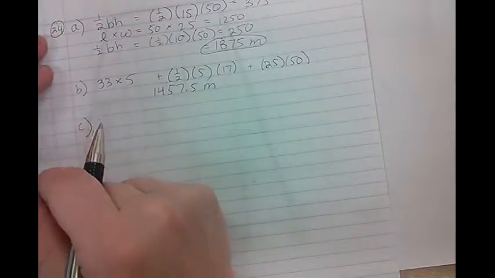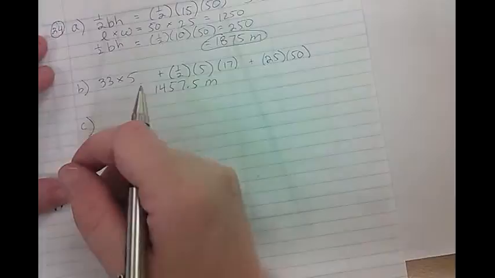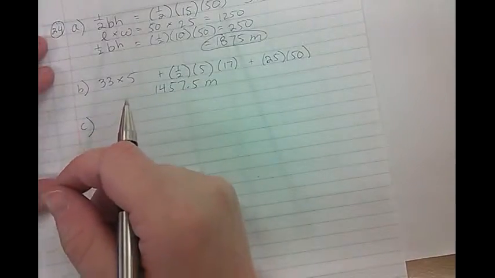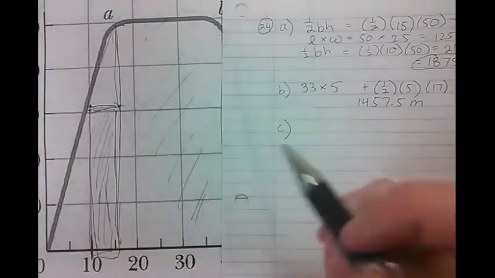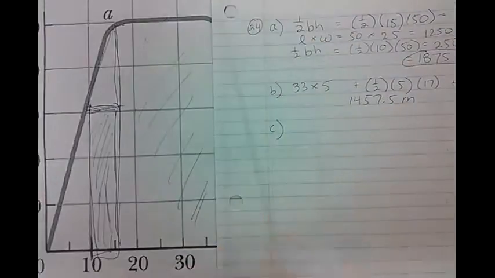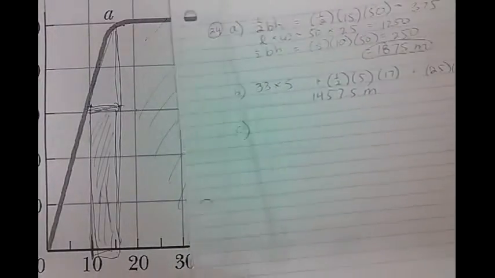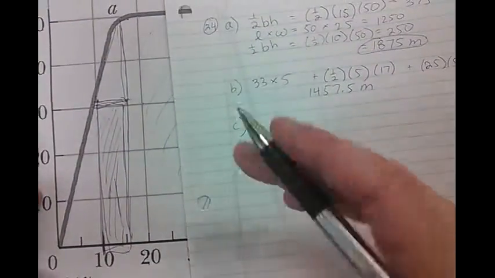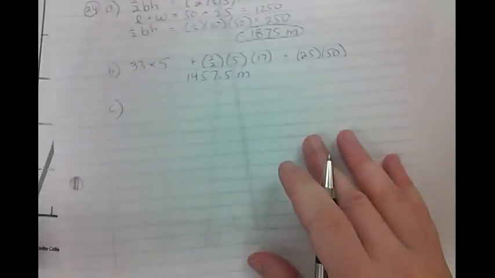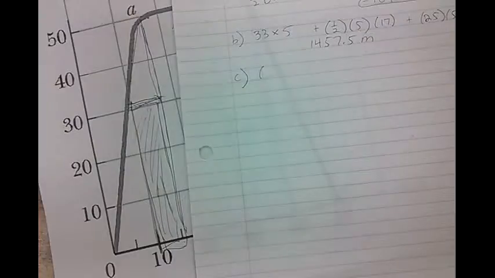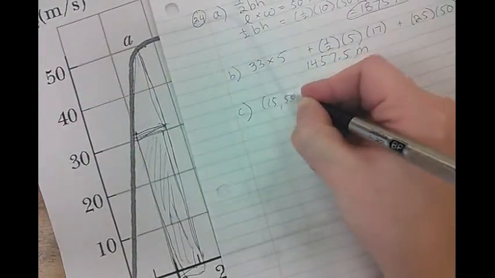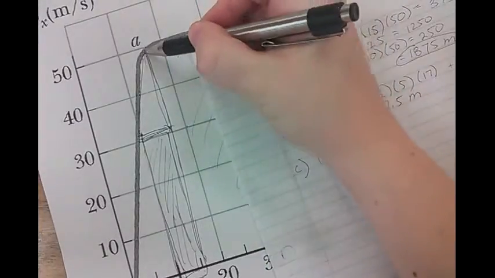Okay, now we're going to do part C. Part C asks us to draw a graph of its acceleration versus time for the whole interval, 0 to 50 seconds. So the way I'm going to do this is I'm going to find the slope at each, you know, the tangent line, and that'll get me the acceleration. So for this first segment, we know that one point happens at 15, 50, so that would be that point right here.